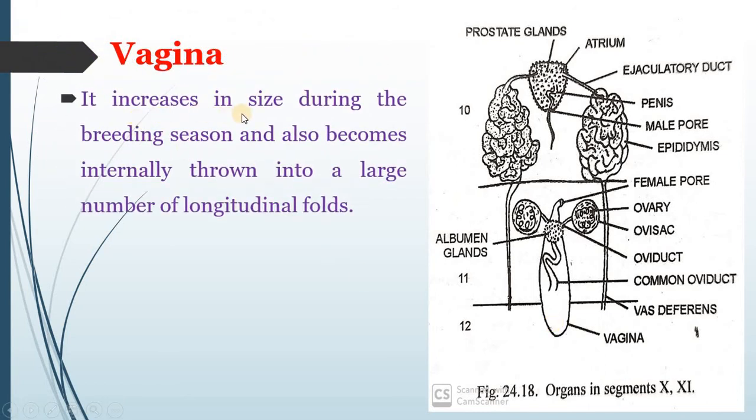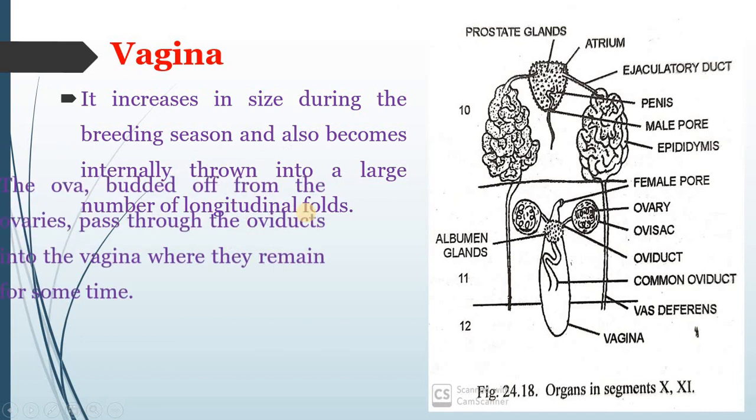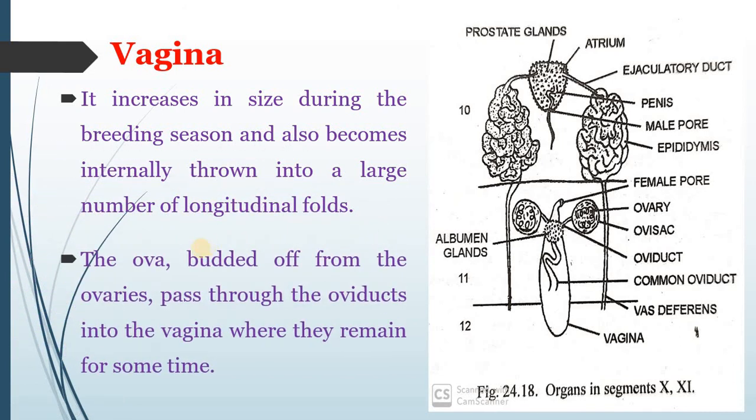It increases in size during the breeding season and also becomes internally thrown into a large number of longitudinal folds. The ova are budded off from the ovaries and pass through the oviducts into the vagina where they remain for some time. Vagina opens to the exterior through a midventral female genital aperture in the second annulus of the 11th segment.